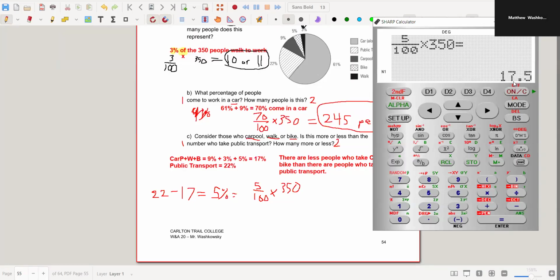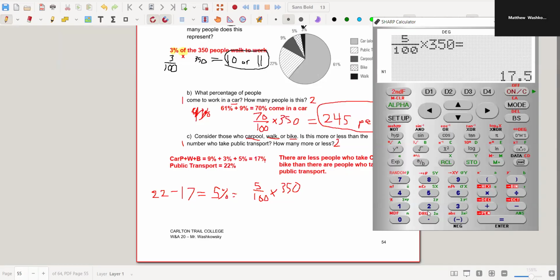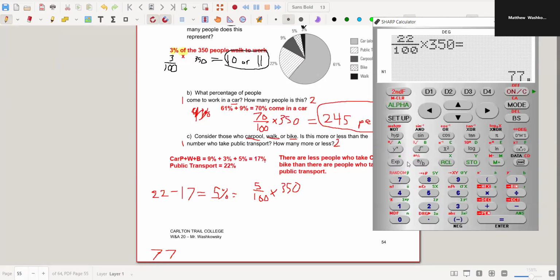Now, if you were to put 17 or 18 here, I would accept that. But I want to show it the other way. So what if I take 22% of the people? 22 over 100 times 350 is 77. I'm going to write that here, 77, and subtract that away from 17% of the 350 people, which is 59 and a half.